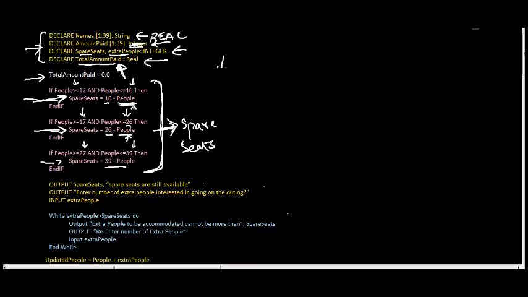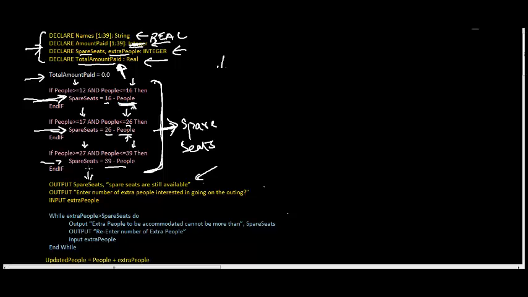Once we have calculated the number of spare seats, this is the message that we are showing. We are first printing the value of spare seats, which is our variable. Whatever value is held within this variable tells us how many spare seats are available.